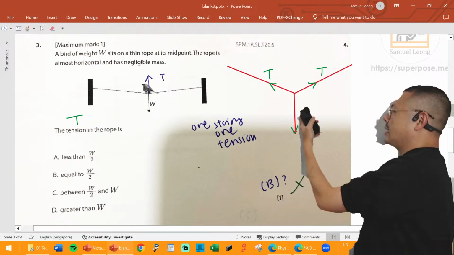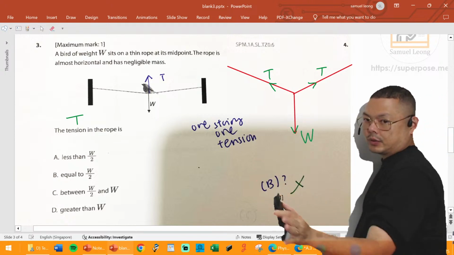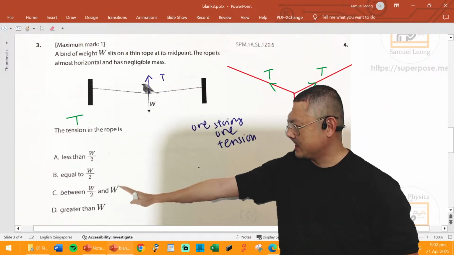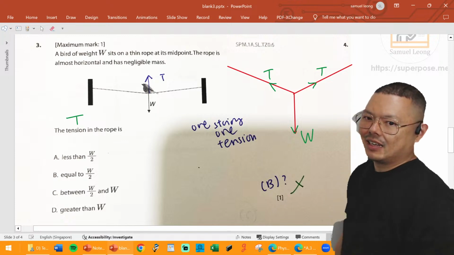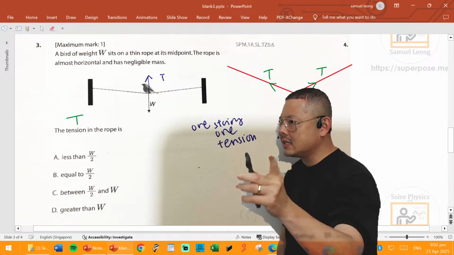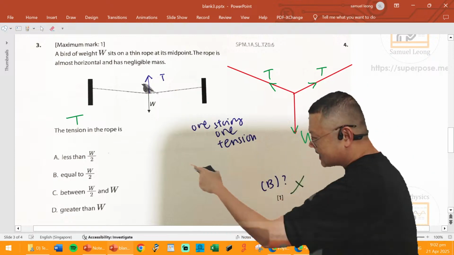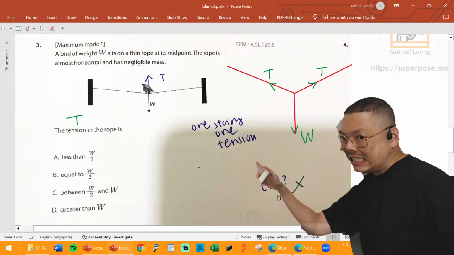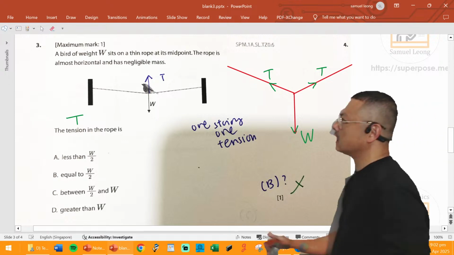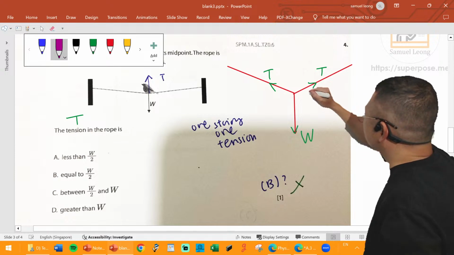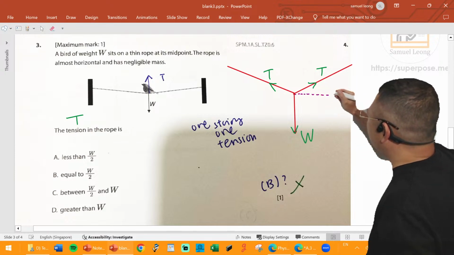Different question also: same diagram, but that question asked whether the string can be horizontal. This one is asking what the tension is, which is even higher level than 9 years ago.